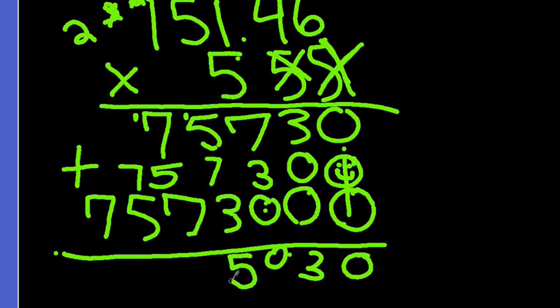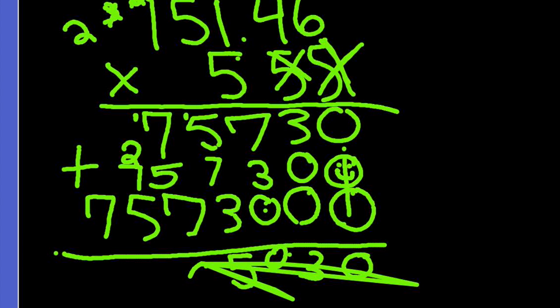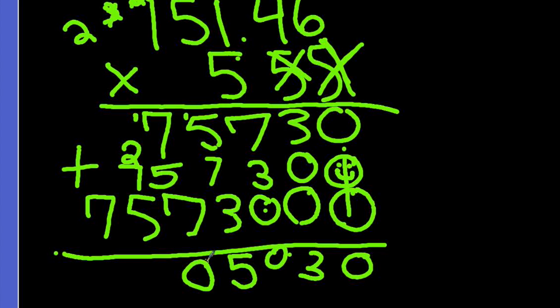And then 7 plus 7 is 14, plus 5, 19, plus 1 is 20, so I'm going to put my 0 and carry my 2. 7 plus 2 is 9, plus 5 is 14. I'm going to carry my 1 and put my 4. And then I'm going to do 4 plus 1 would be 8.